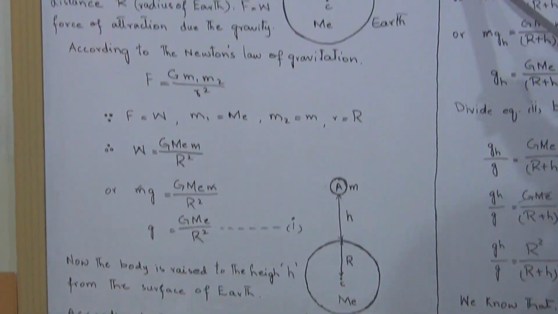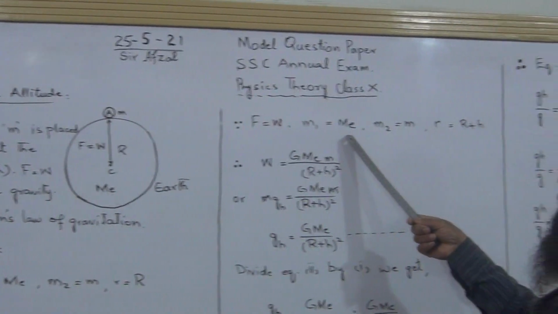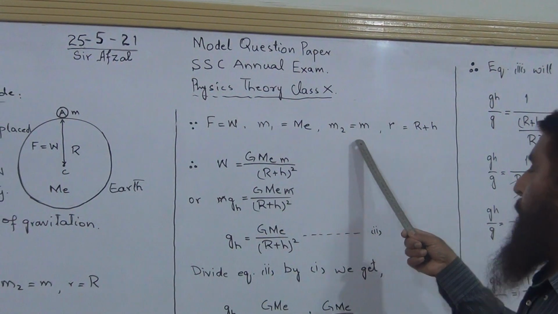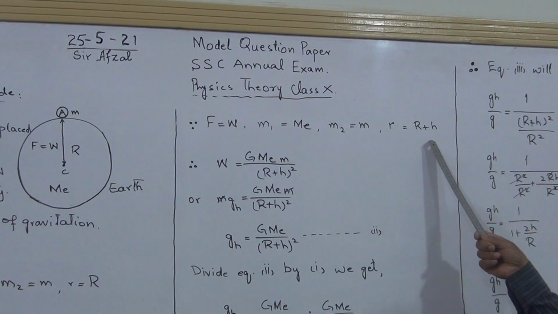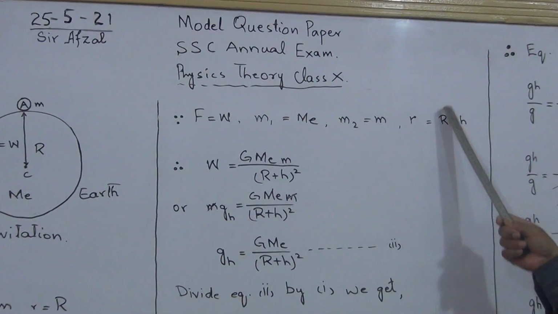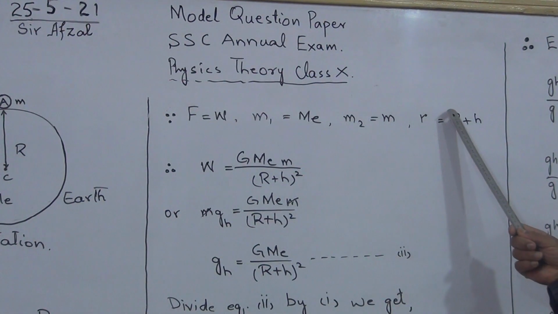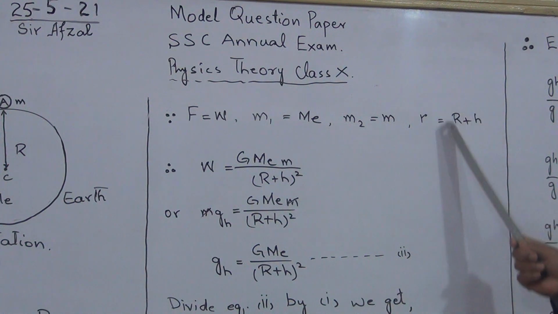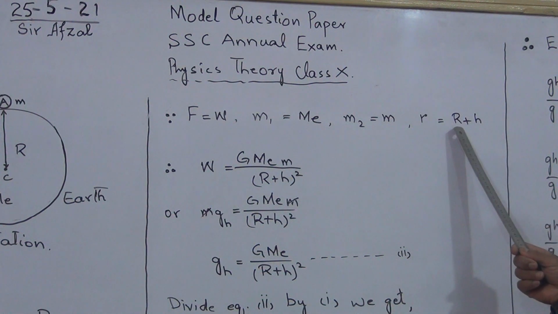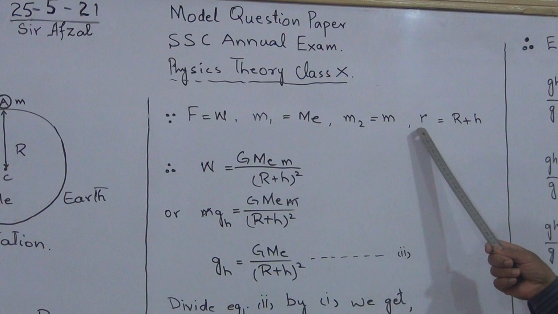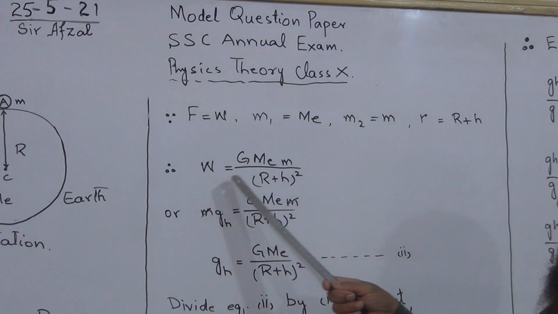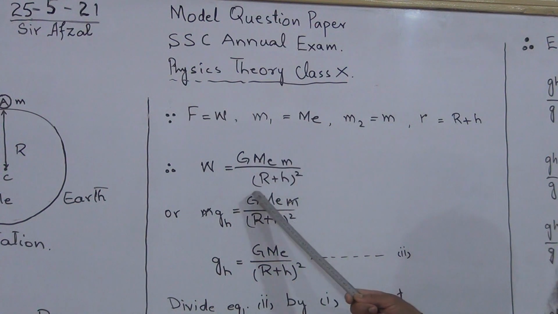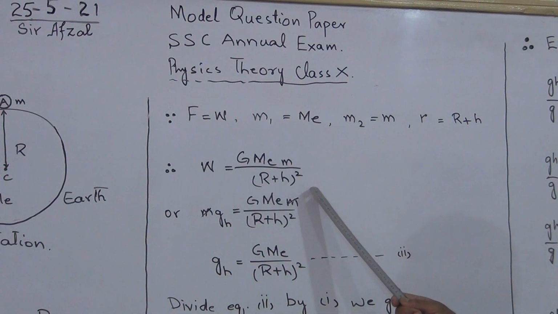Here F is equal to W, m1 is equal to Me, m2 is equal to m, and small r is equal to R plus h, because we have raised the body from the radius of the earth to the height h. Now by putting the values, W is equal to G Me m upon (R plus h) whole square.